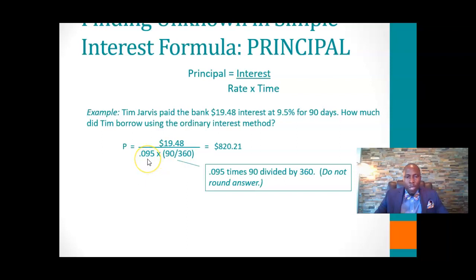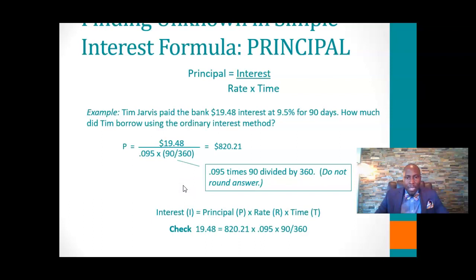So you have 0.095, which is your rate, times time, 90 over 360. To simplify, 90 over 360 in its lowest form is 1 over 4. The principal amount that Tim would have borrowed is $820.21 based upon the calculations.